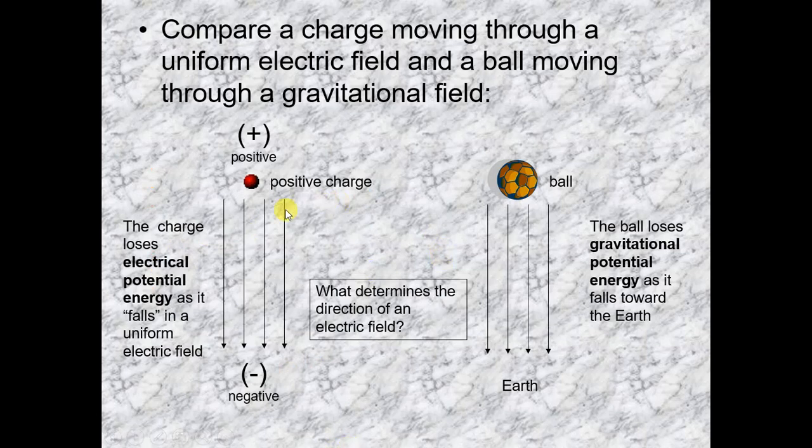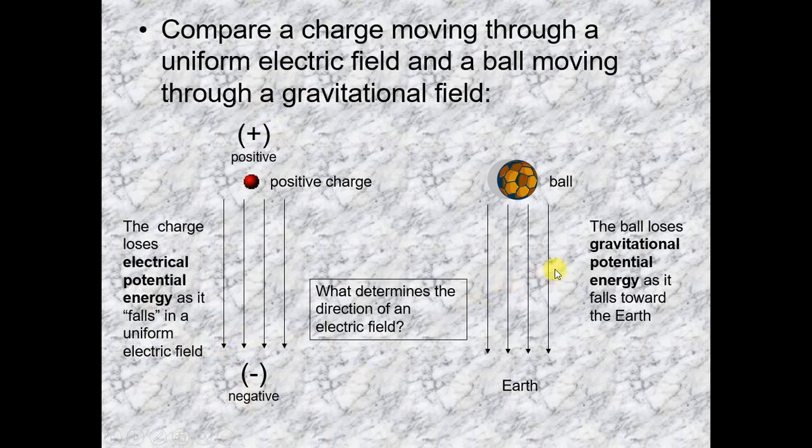Now see here, a positive charge loses electric potential energy as it falls in a uniform electric field. Here this is our positive charge and this is our negative charge.